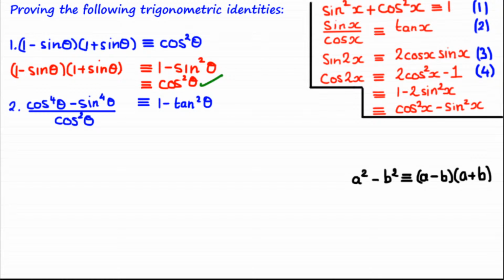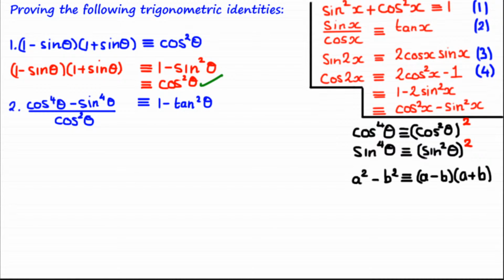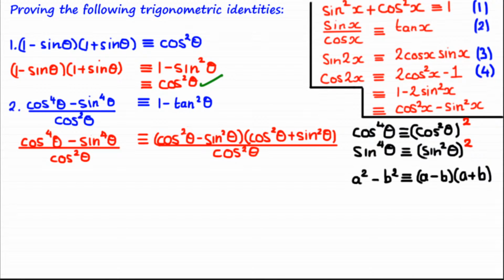Looking at the numerator now, in some disguised sense, this is actually a difference of two squares, where cos to the power of 4 theta is equivalent to cos squared theta all squared, and sine to the power of 4 theta is equivalent to sine squared theta all squared. So we can use a difference of two squares to quite quickly rewrite the numerator as a product of conjugates, as you can see here.